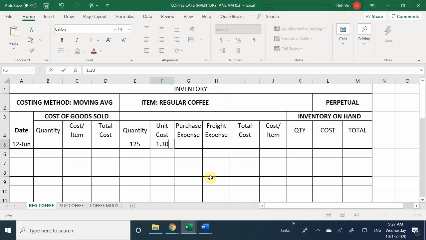I'm going to look at my invoice again. Okay, so I was right, $1.35. Making our total purchases a total of $168.75. Now, hold off, because the next transaction is we're going to be dealing with the shipping. So we can leave it as is for now right here.